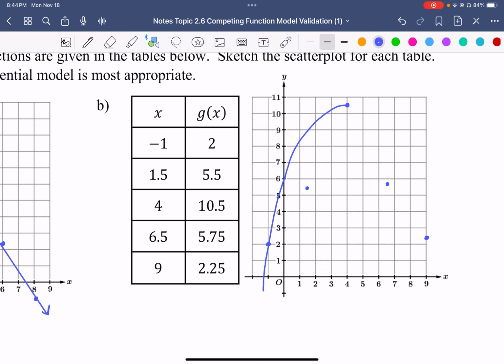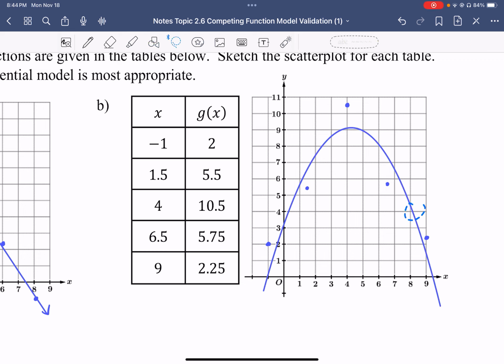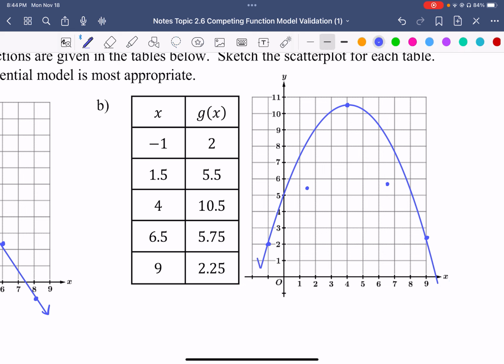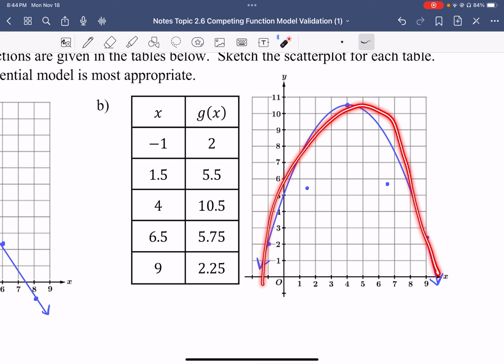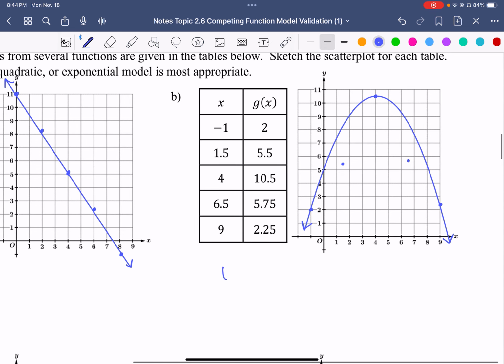Now I'm not going to hit all the points because it is, why can't I move this? There we go. So notice that the two on the inside, they don't quite touch, but this is the best fit line. There's no other function that would follow this curve like this, so this one has to be a quadratic model.